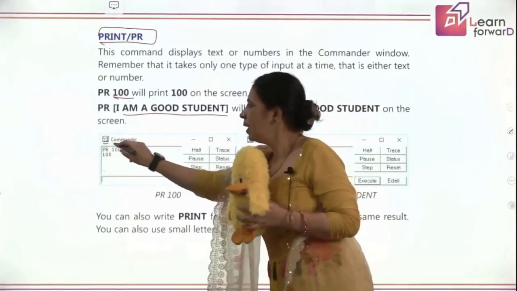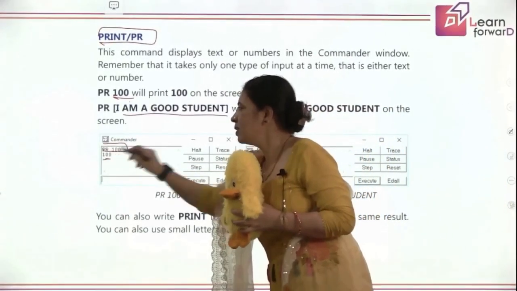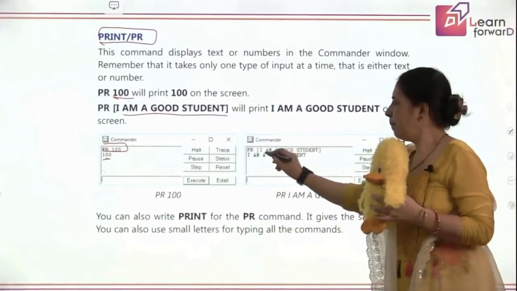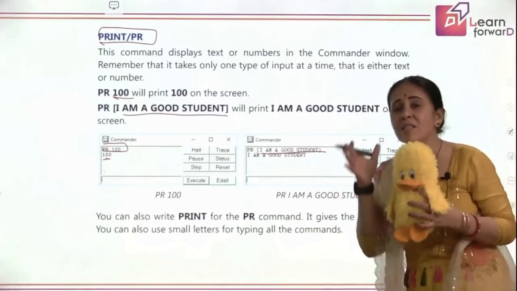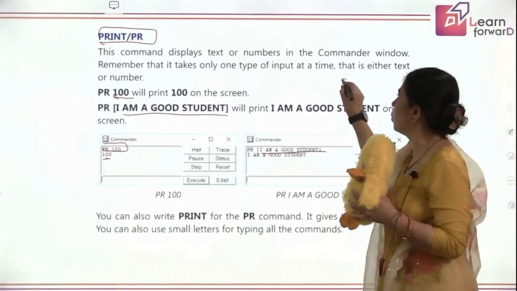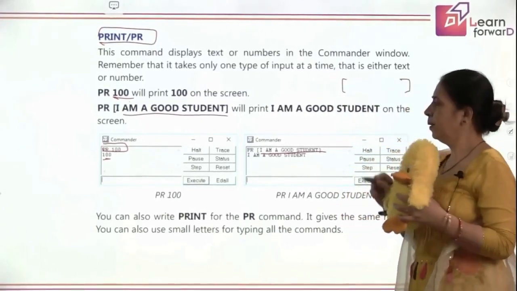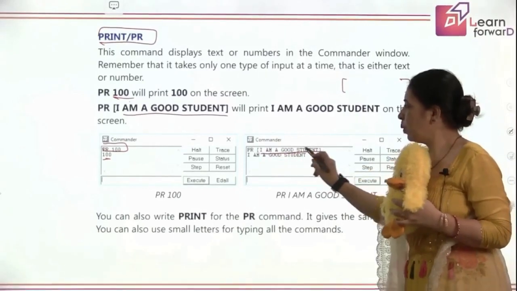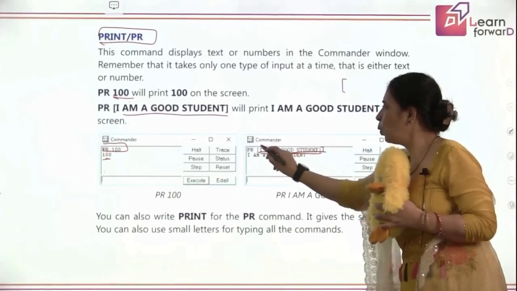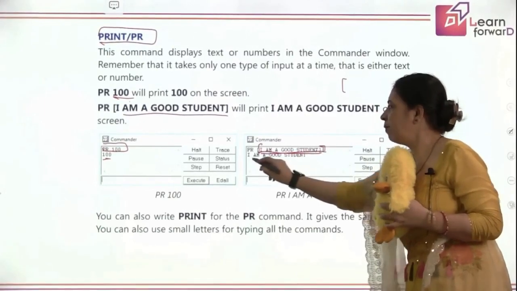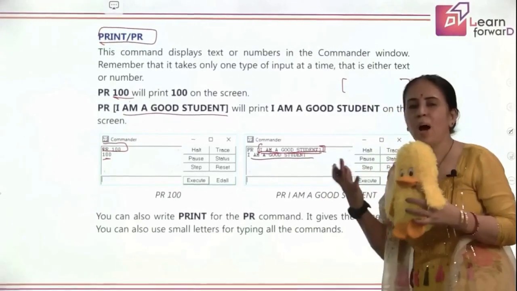So I've written here PR 100, so 100 is printed. When you write some message, remember that message must come in the square brackets. Right? I've written PR, I am a good student. That means this entire message which is coming in opening and closing bracket will be displayed when you are executing the program.